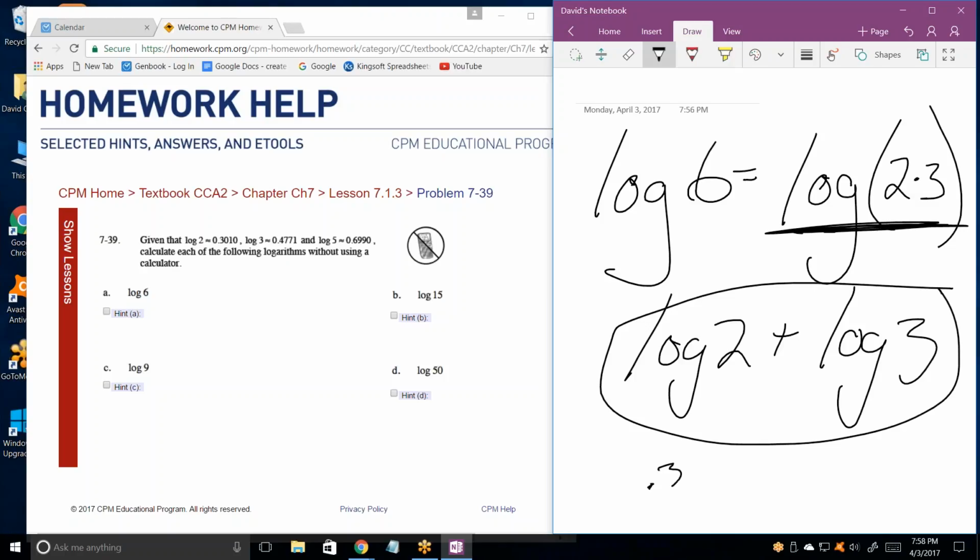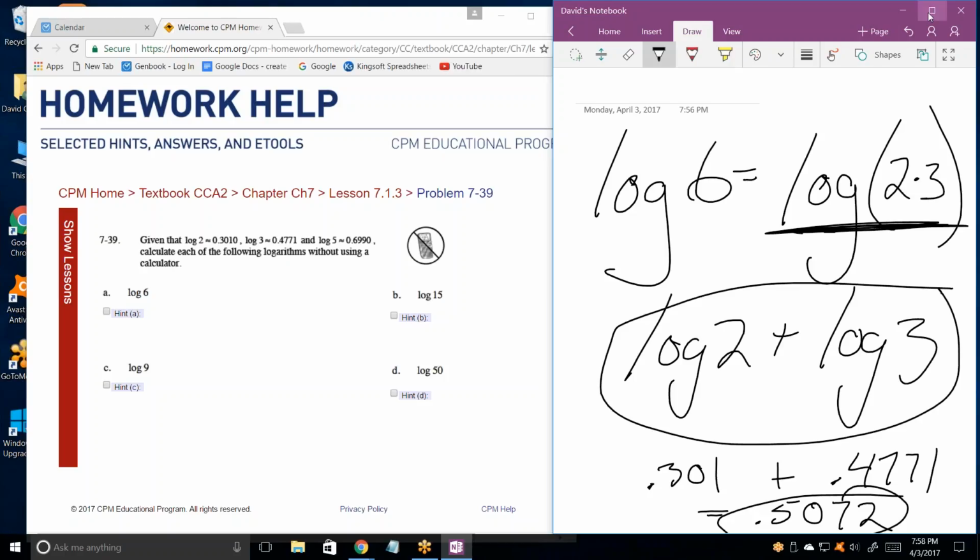That's 0.301. And they tell us what the log of 3 is. That's 0.4771. So I can add those two numbers together and I get 0.5072. That's what the log of 6 is. And you just have to know your rules for logs.